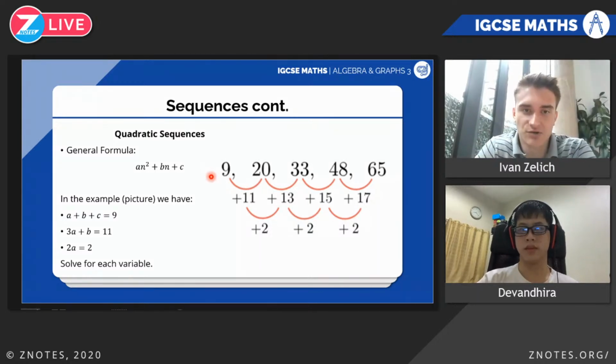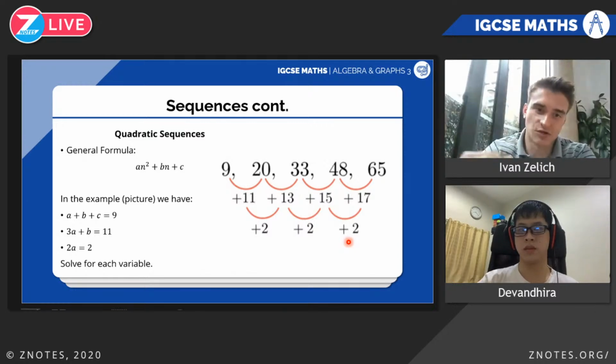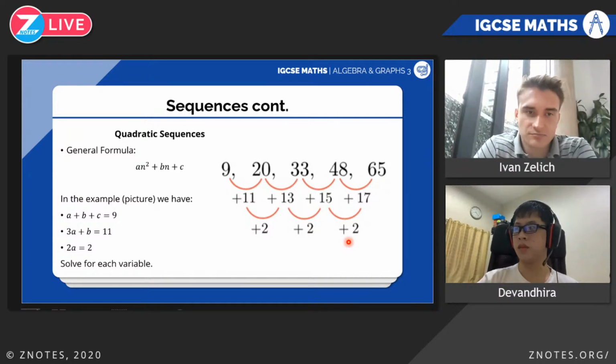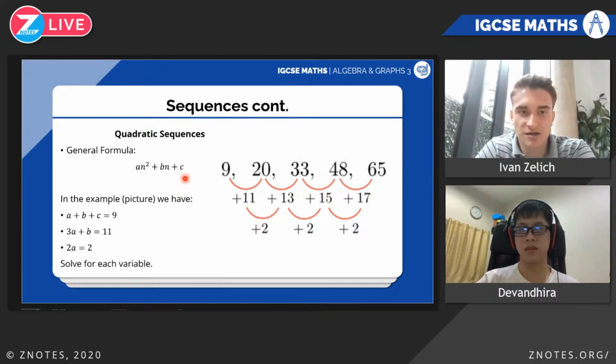So if you start with the quadratic polynomial here, when you take the finite differences, you're going to get a linear polynomial and then a constant. That's the idea. So every time you're decreasing the degree of the polynomial. And so when you know that your polynomial is quadratic, then you have a general form, an squared plus bn plus c, and you can then find what a and b and c are.